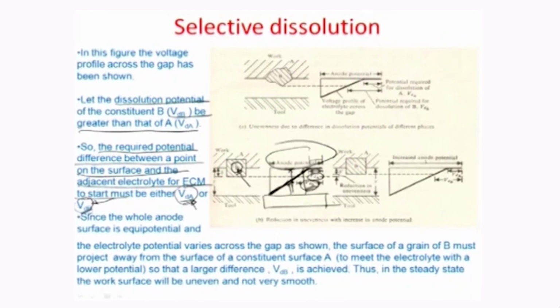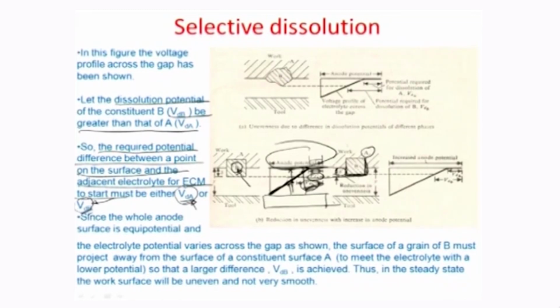And so VdB will never get dissolved away at the anode surface or the workpiece surface. So B will only get dissolved when the part B is projected outside and it is meeting this potential line or potential plane here, which will give the potential VdB, right. So it is an auto roughening process. So B does not get dissolved beyond this delta dash value, okay. And A starts dissolving whenever it reaches, even if it reaches the anode, it starts dissolving.